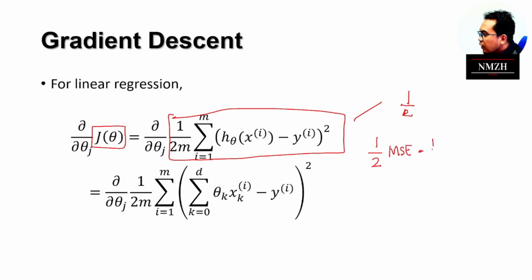So MSE is this: the sum of estimate minus actual squared, over m. So this is i. So this is the limit function. At the end we change it as it is, m.